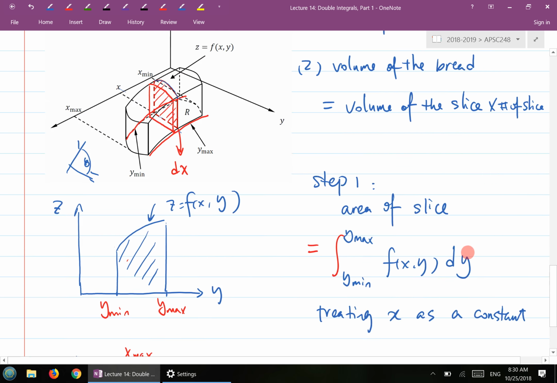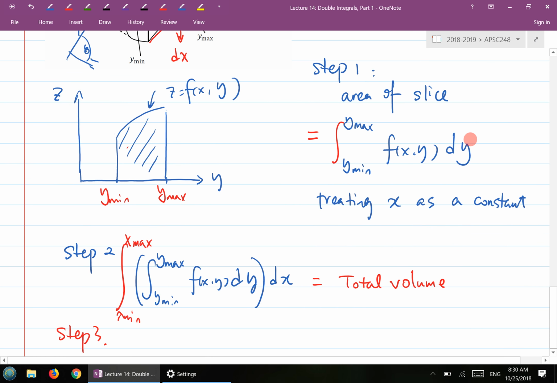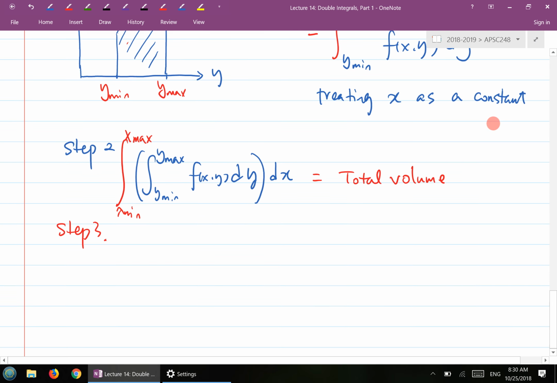As you can see, where's y min y max? Y min y max depends on these boundaries of the region R, and it's an arbitrary cut across this spread. So y min y max, they are not necessarily constant. In some questions they are constant. Depends on the region R here, right?